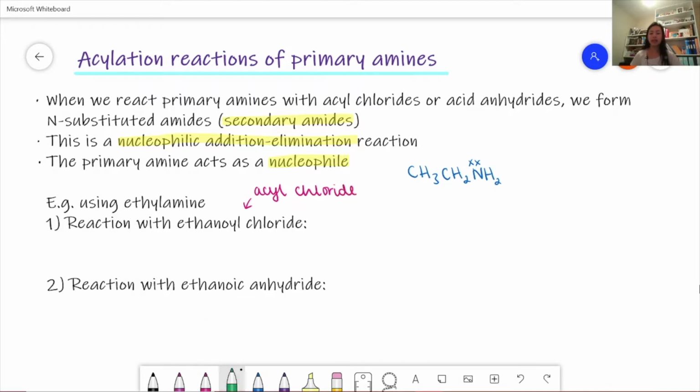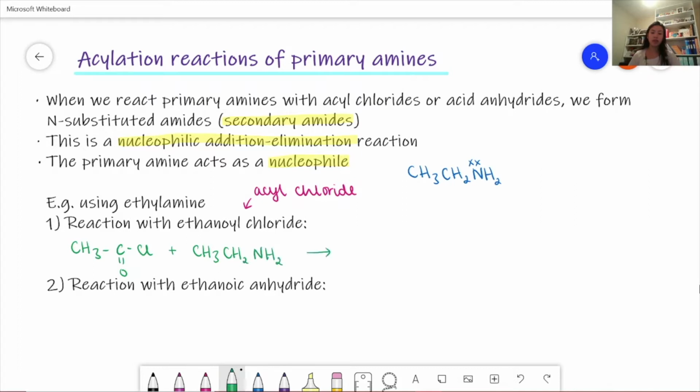And what we get is, first of all, let's draw out the ethanoyl chloride. So we have CH3, C double bond O, and then Cl. And we're reacting it with ethylamine, so CH3CH2NH2.